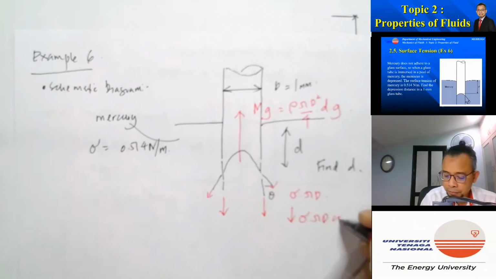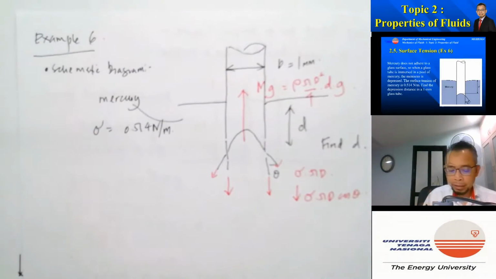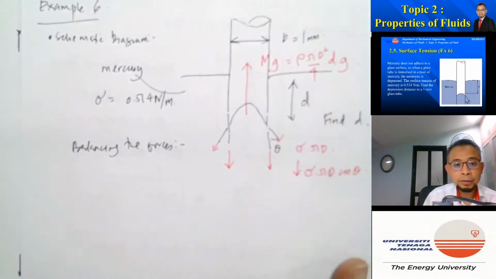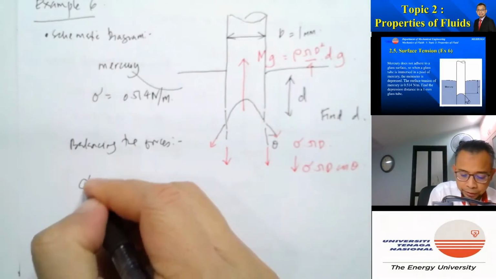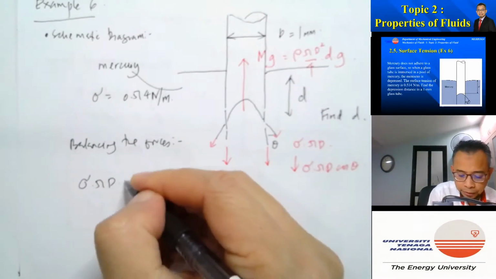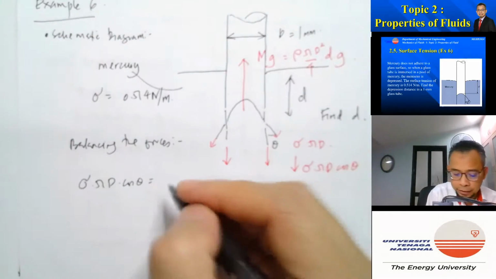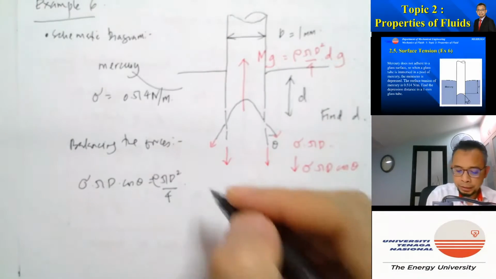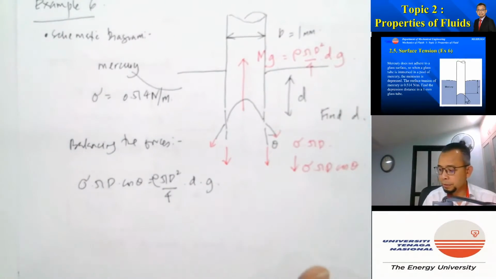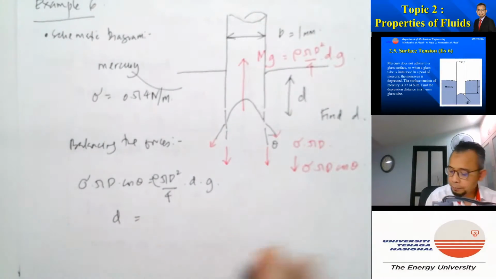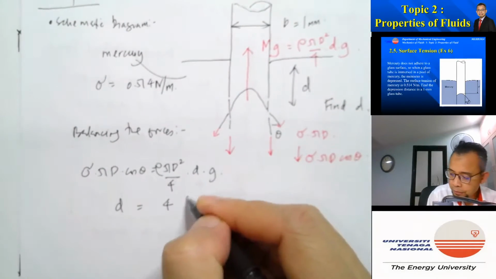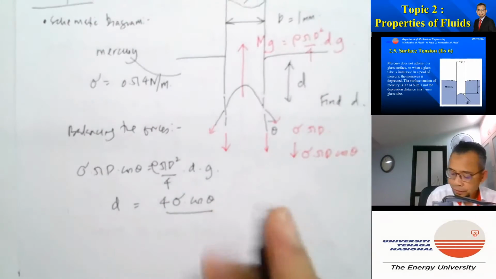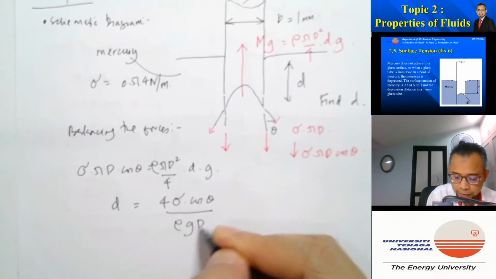Now we can balance the forces in the vertical direction: sigma pi D cos theta is equal to rho pi D squared over 4 d g. So we have the expression for d, which is equal to 4 sigma cos theta divided by rho g D.